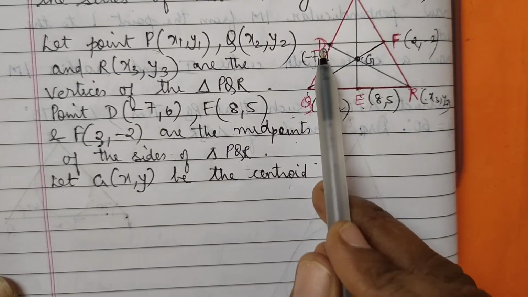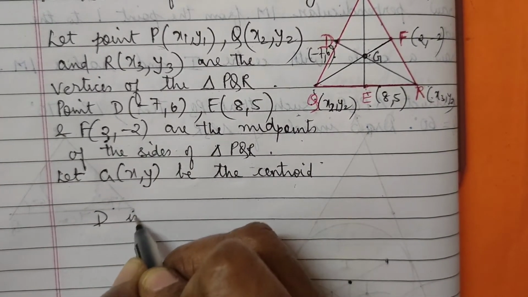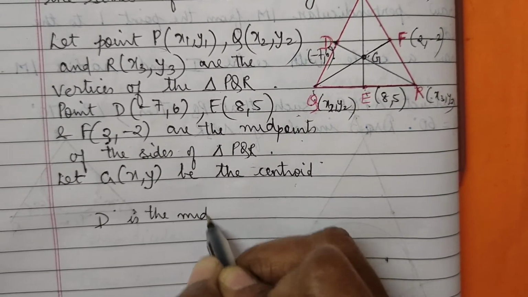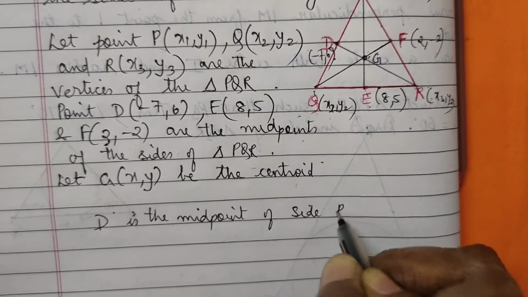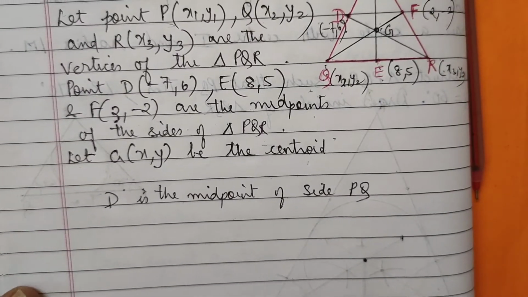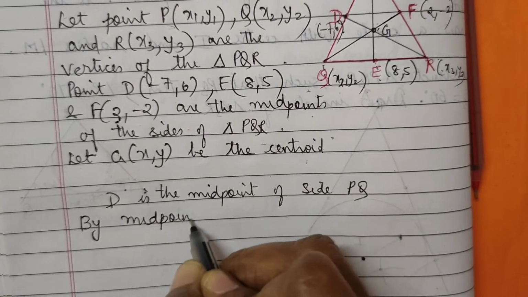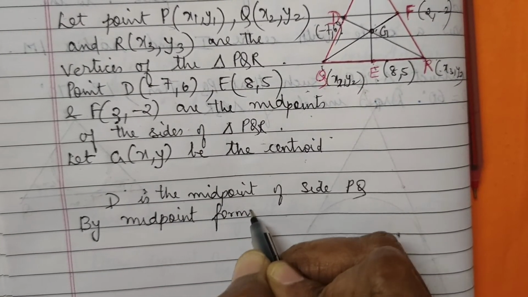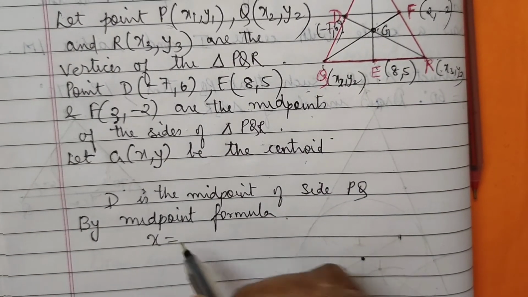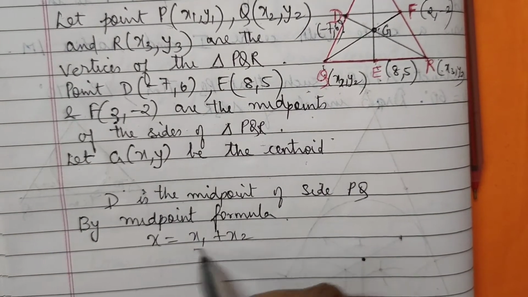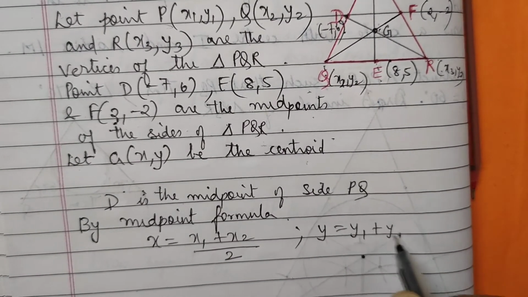We have named it. Now see, D is the midpoint of the side PQ. So we are going to apply the midpoint formula: x equals x1 plus x2 upon 2, and y equals y1 plus y2 upon 2.